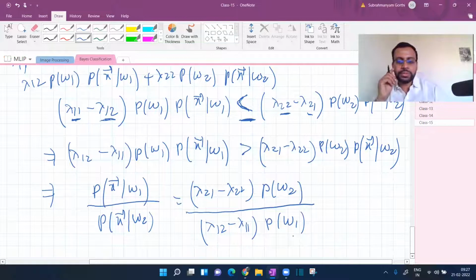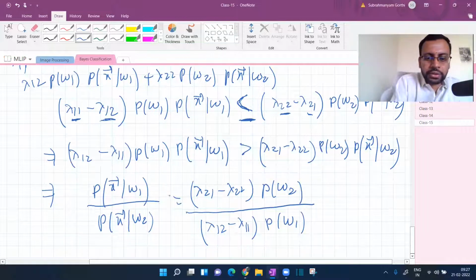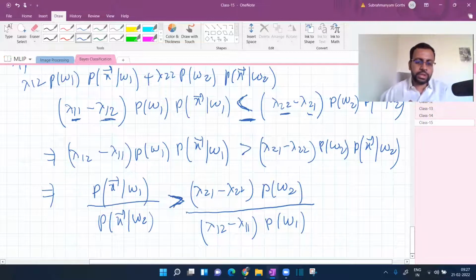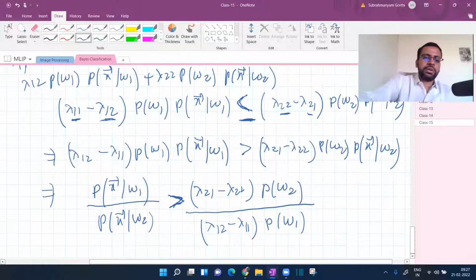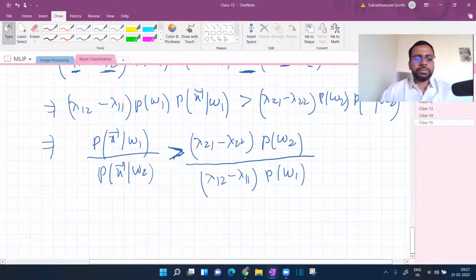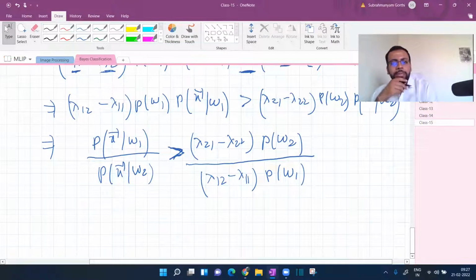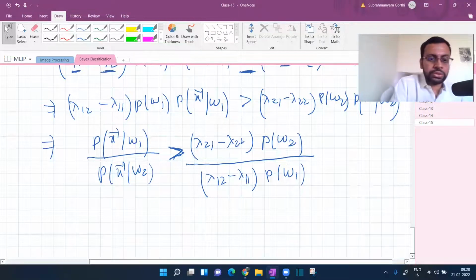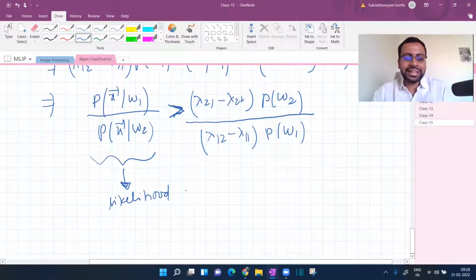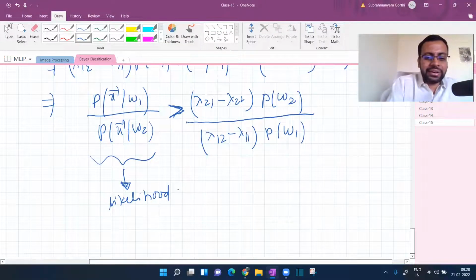Right. Sorry, I should keep here greater than, right? I just moved it there. So this is when I would assign it to class 1. And what are those terms in the numerator and denominator of the left hand side? Likelihoods. So can you guess what this term would be called now? We call it the likelihood ratio.